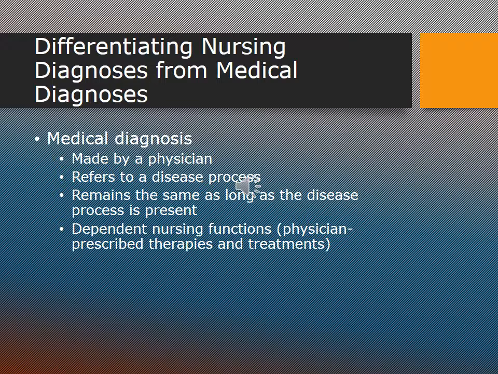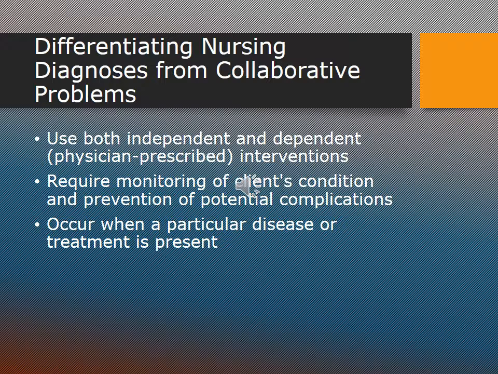We follow an order to do that. We use both independent and dependent interventions. Independent, you do it alone. Dependent, you do it with a physician prescribing something. It requires monitoring of the client's conditions and prevention of potential complications. And nursing diagnoses occur when a particular disease or treatment is present.